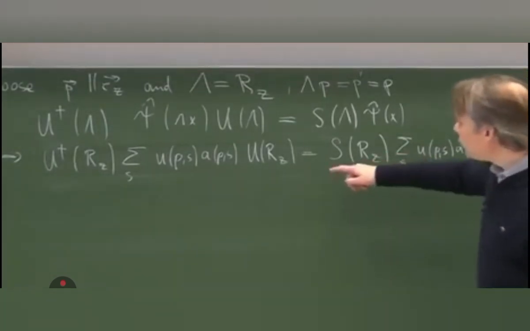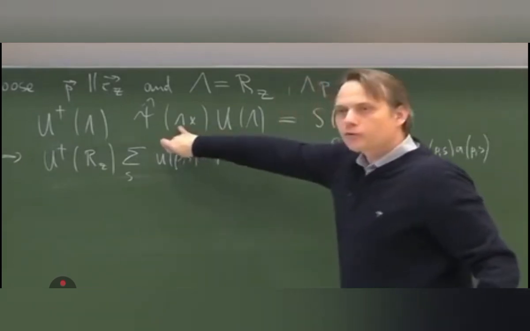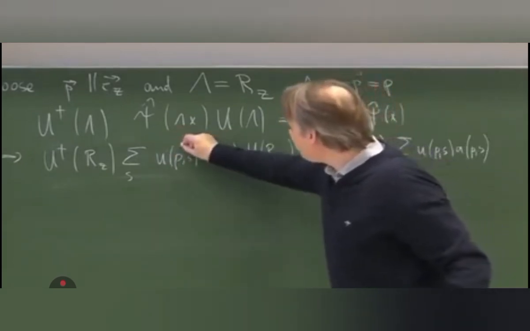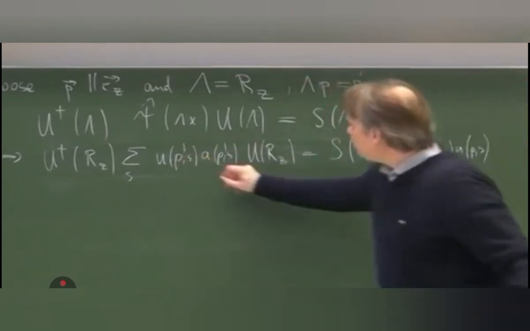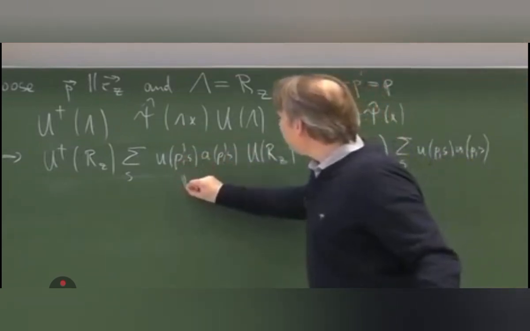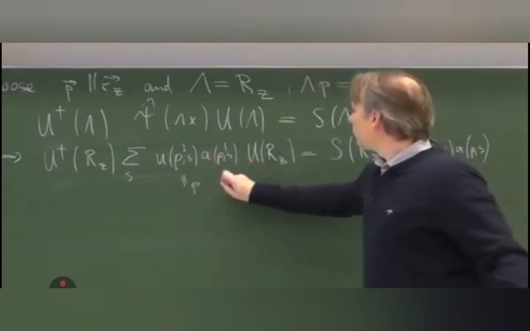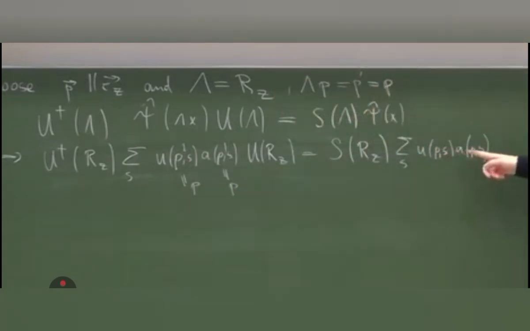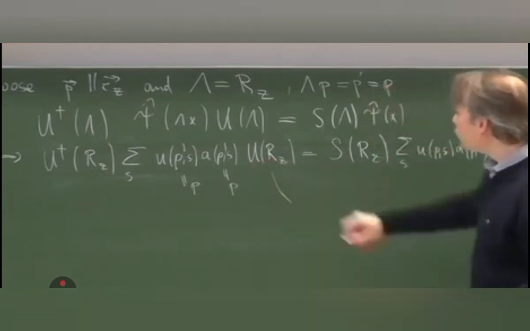And in principle, I would have here lambda x that translates into lambda p, so I would have here in general p prime, but p prime is equal to p, so we have the same p on the left-hand side as we have on the right-hand side. Then what is this u of RZ?